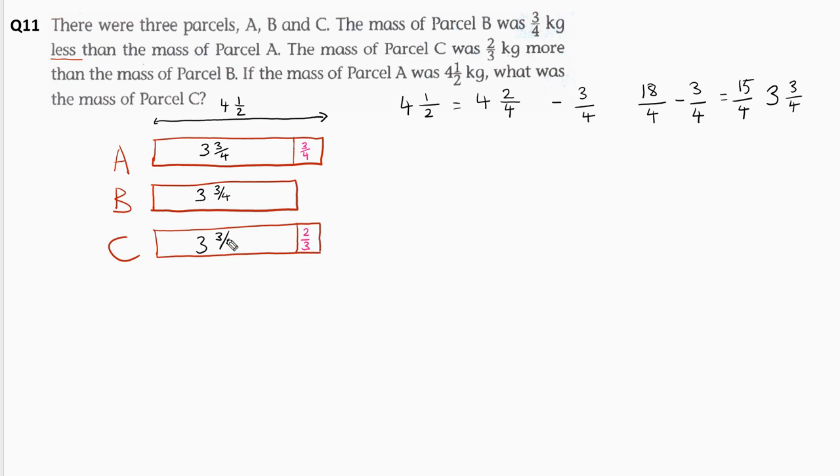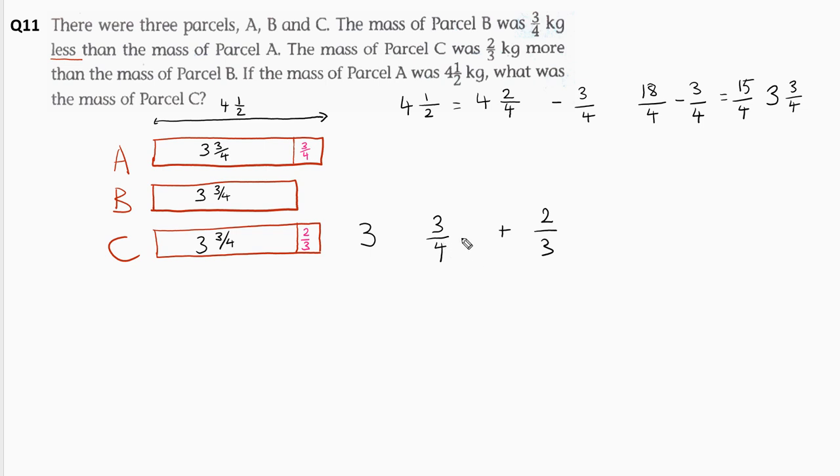We have different denominators. What we can do is, we know we've got 3 wholes, so let's add these two together. Now we've got 3 quarters, and we want to add 2/3, and we need to change to common denominators, and the common denominator is if we change these to 12ths.